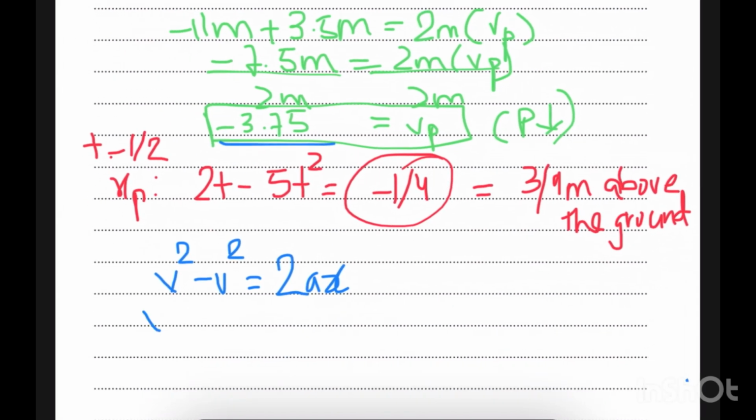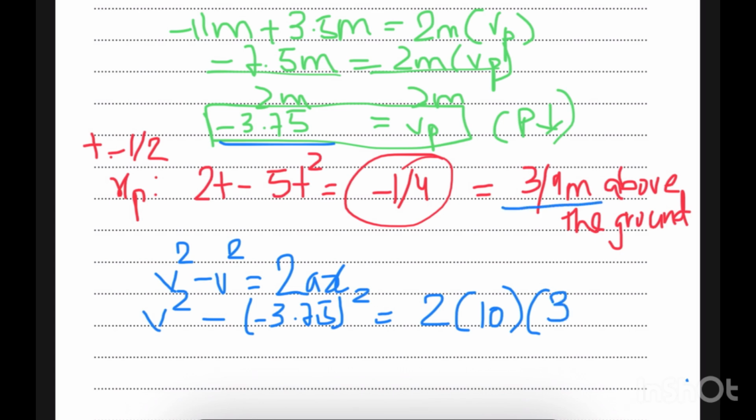So in this case, v squared is unknown. Initial speed we will write as minus 3.75 squared is equal to 2 times 10, since we are working with the force of gravity, times x, which will now be equal to 3 over 4.